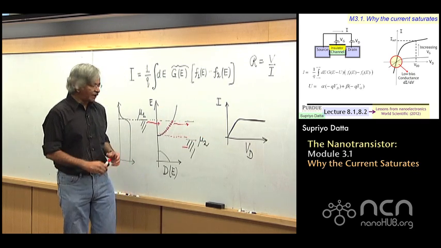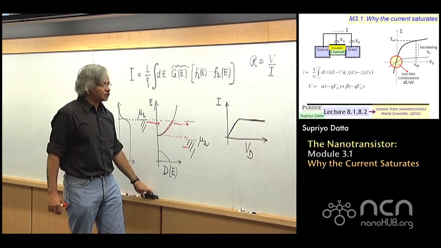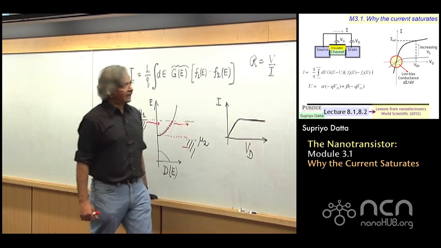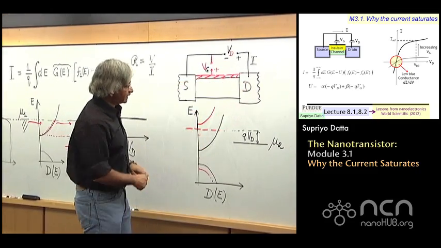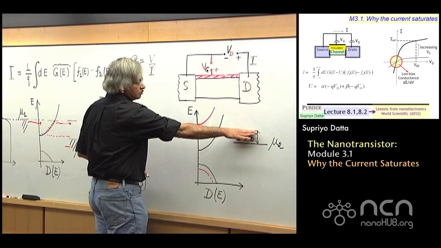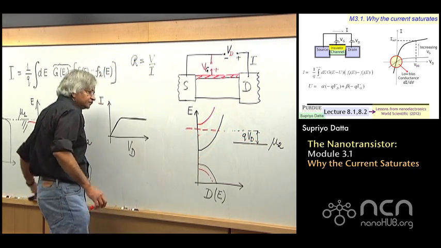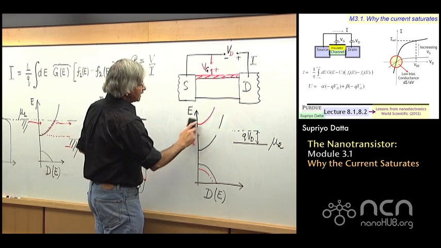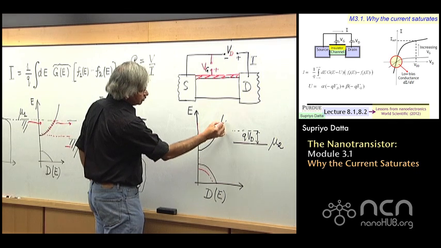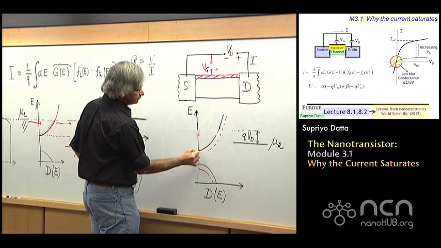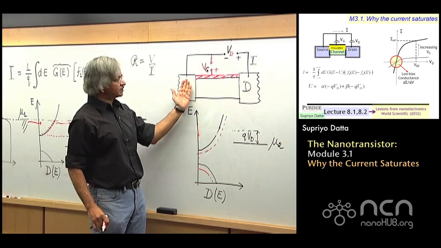And what have you missed in this picture? Well, what you have missed is we are assuming that when you put a drain voltage on this, all that happens is that this mu2 keeps going down. What also happens, though, is that this channel itself also gets pulled down somewhat. So let's say this is our reference, this is 0.